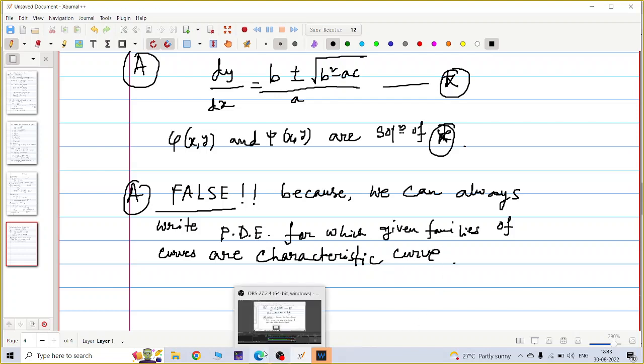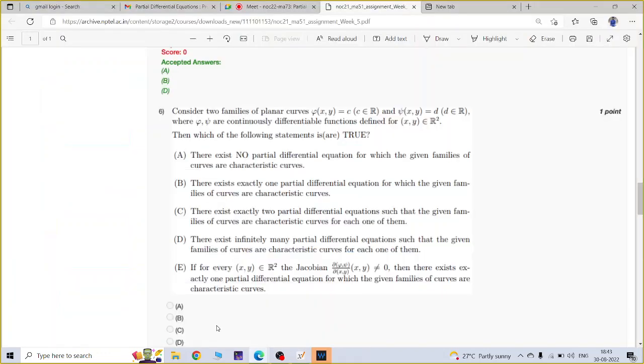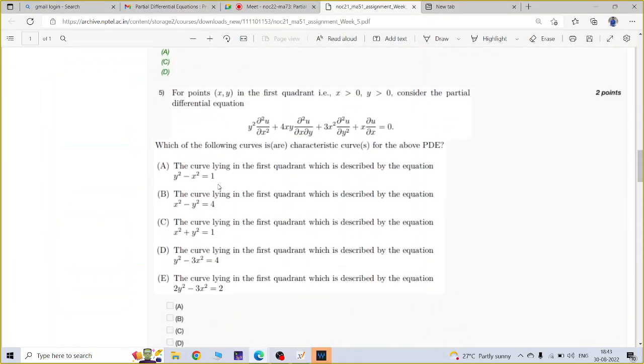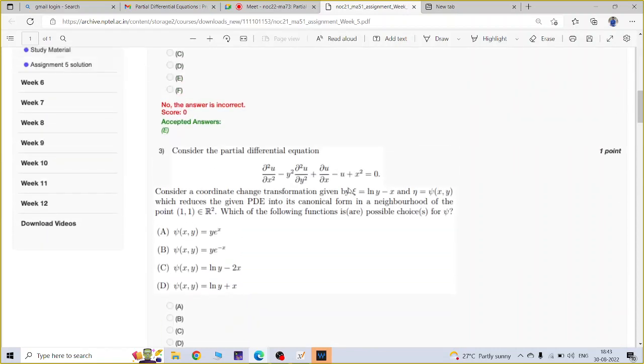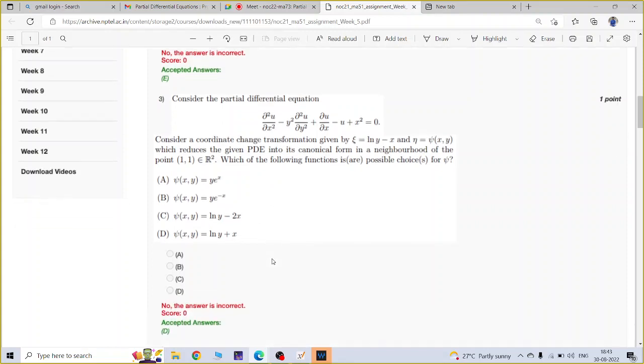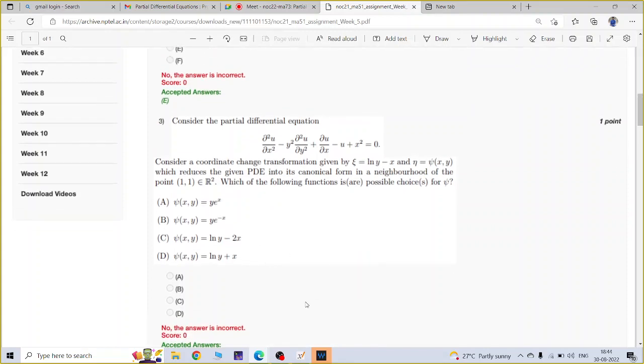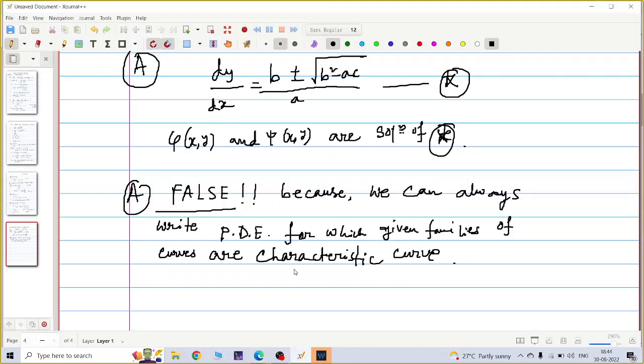Your example is that suppose I move to question number 3. This is xi and eta, this is phi and psi, that is already given. So ln y minus x is my phi and ln y plus x is my psi, because my answer is ln y plus x. So you can find the equation now.